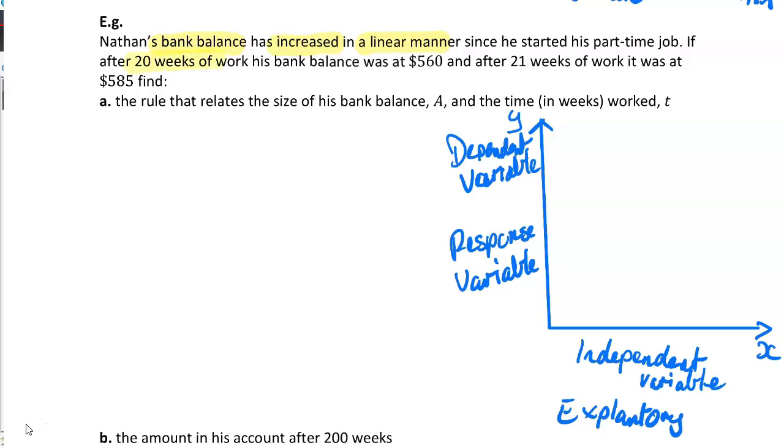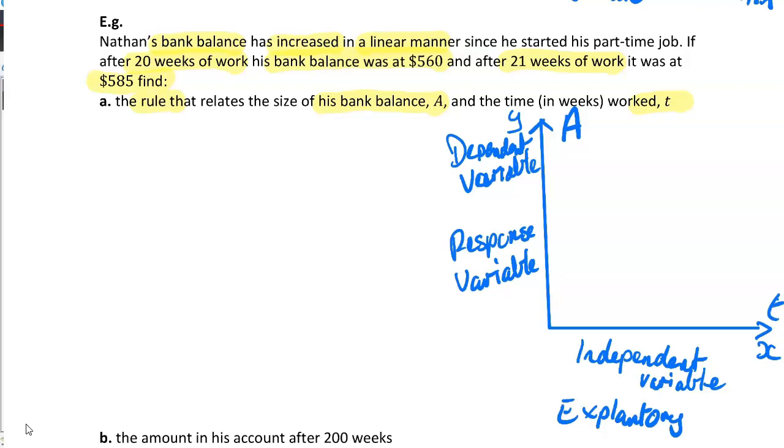If after 20 weeks of work, his bank balance was at $560, and after 21 weeks of work, it was at $585, find the rule that relates the size of his bank balance, A, and the time he worked, T. So if we're thinking about it in terms of the Cartesian plane, this XY gradient axis, A would be our Y variable, our dependent variable, and T would be our independent variable, our explanatory variable.